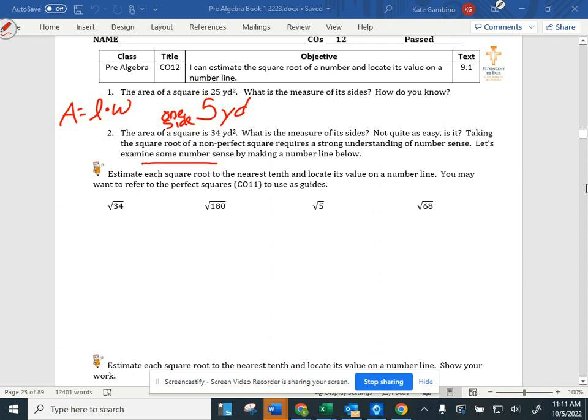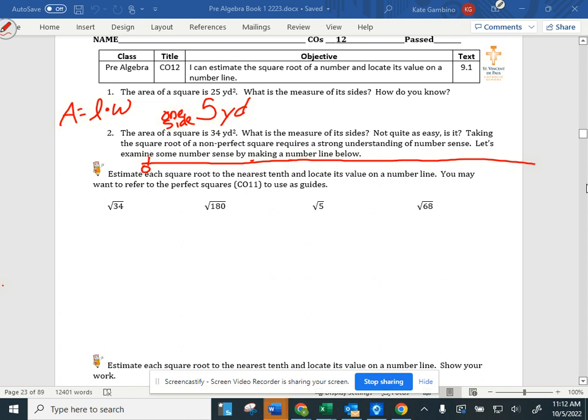So I think we could just draw your line right there. I'm going to start with my 0 here because when we work with perfect squares, are we going to have negative numbers? No, because perfect squares are not going to be negative, right?